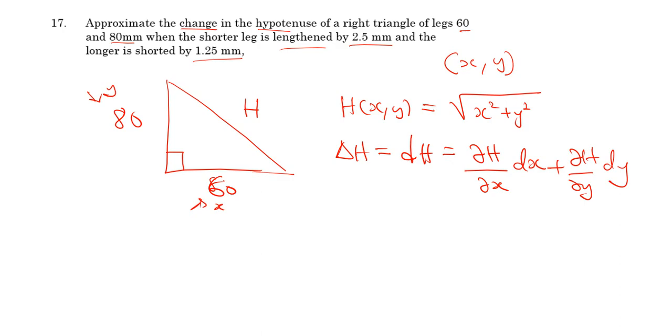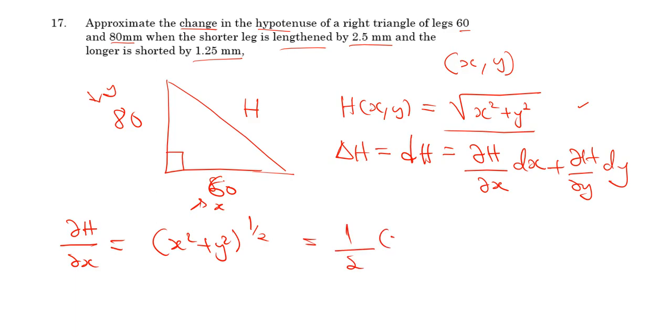So first of all, I must find the partial of h with respect to x. My h has been defined as you can see there. To differentiate this, it can be written as x squared plus y squared to the power half. Differentiating, I drop the power and get 1 over 2, then x squared plus y squared to the negative half, because I reduce the power by 1.